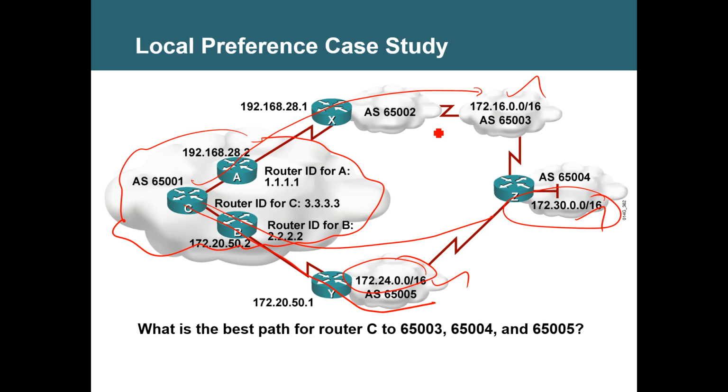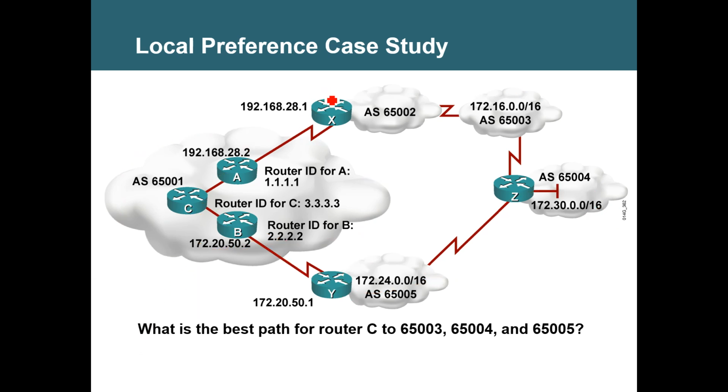So C has 2 different gateways, 2 different eBGP connections to these destinations. Now, let us make it easy. This X router, I call it MTN Global, and the Y router, I call it French X. So these are the 2 ISPs to which my autonomous system is connected.